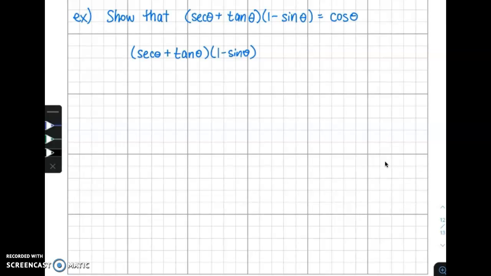We can distribute. So the first step that I'm going to do, and there's all kinds of different ways you could do this problem, but the first thing I'm going to do is distribute secant and then distribute tangent.